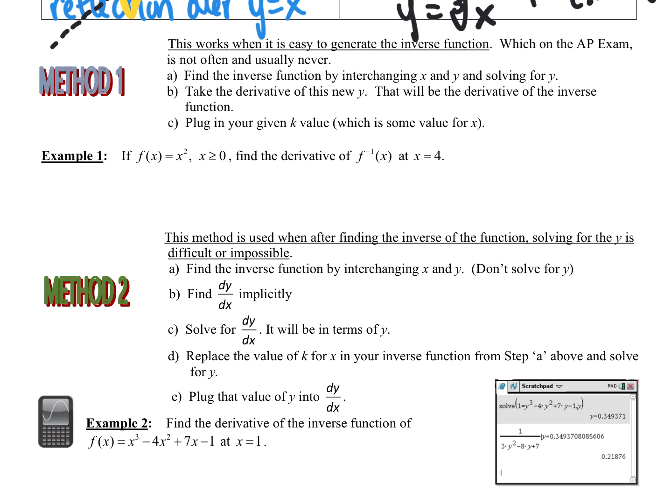So if f of x is equal to x squared for x greater than or equal to 0, and we want to find the derivative of inverse at x equals 4, we could start with finding the inverse. So if f of x is equal to x squared, we would start with y equals x squared. We're going to do the method we just did a second ago. Switch the x and the y values.